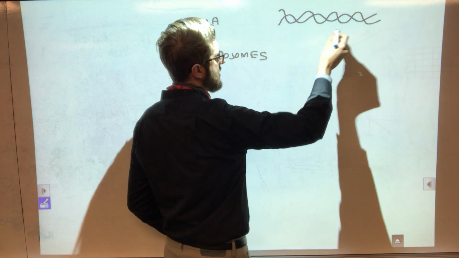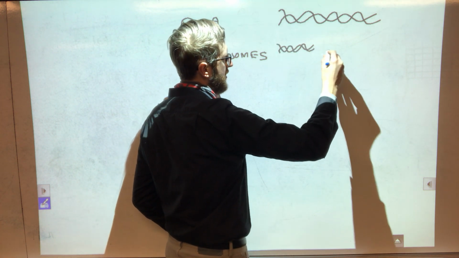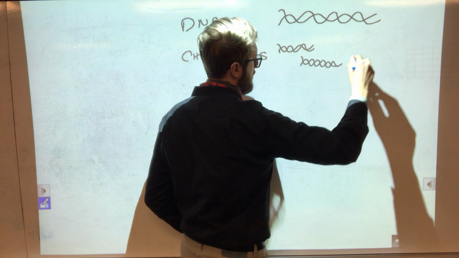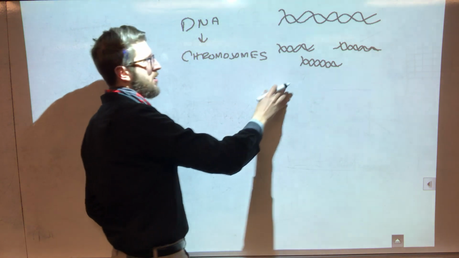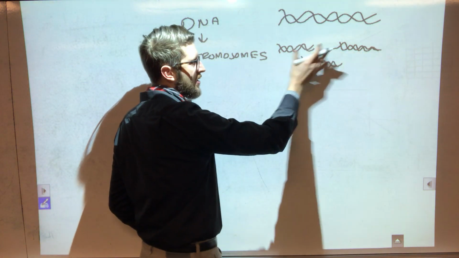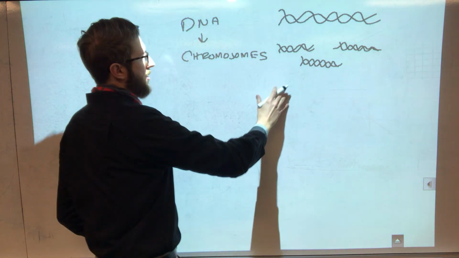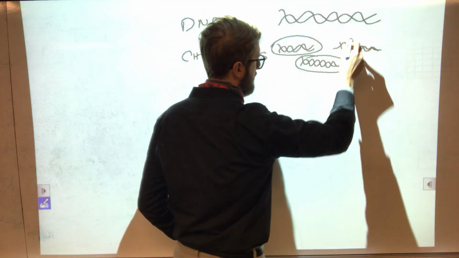It's actually many small chunks that we call chromosomes. Okay? So let's say that each one of these is a chromosome. It's just a shorter segment of DNA. Your DNA is not all connected together end to end in one solid piece. So let's say this is a chromosome, this is a chromosome, and this is a chromosome. Okay?